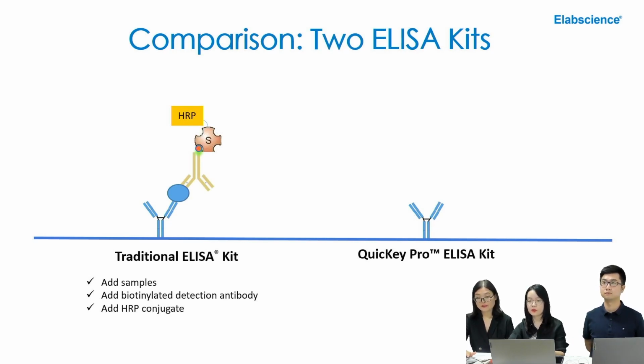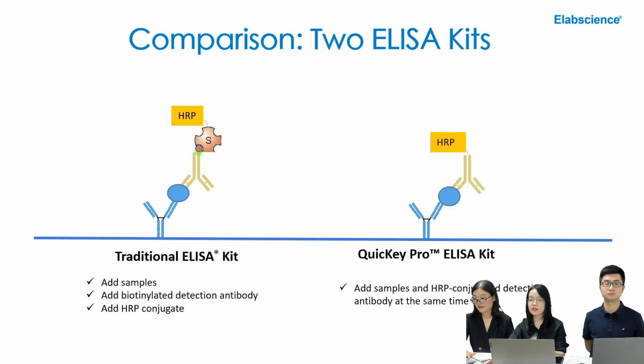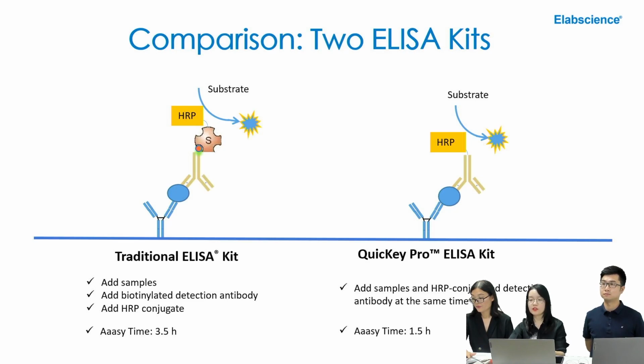However, the QuickPro ELISA kits manage to add the samples and the HRP conjugate at the same time to complete the entire experiment with only 1 step. With the reduction of operation steps, the total assay time can be reduced by 1 to 2 hours, and the loading volume of samples has also been reduced by 50 microliters per well.